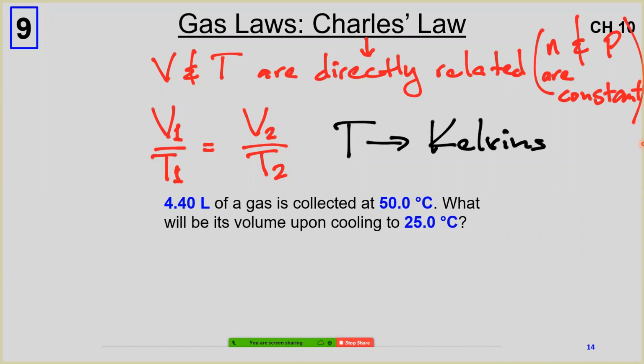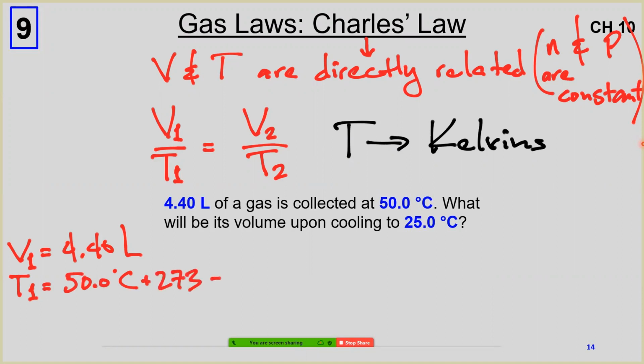So again, we're going to extract out the information that we need. We have the initial volume, which is 4.40 liters. We also have the initial temperature, which is 50 degrees Celsius. And we're going to go ahead and convert this to kelvins by adding 273.